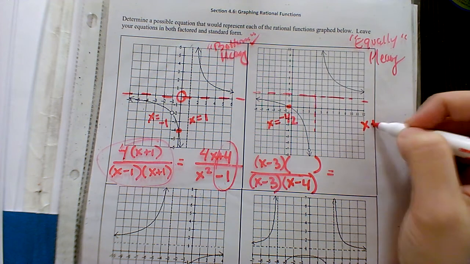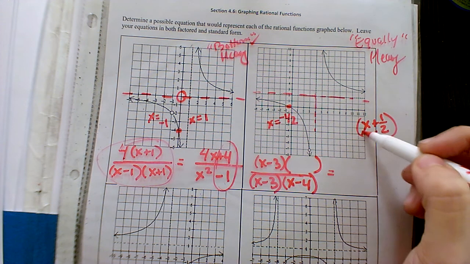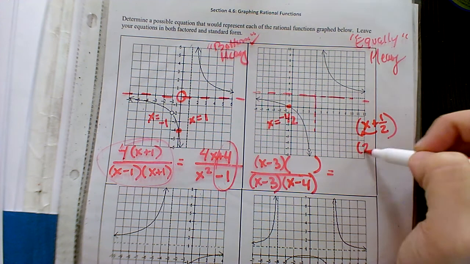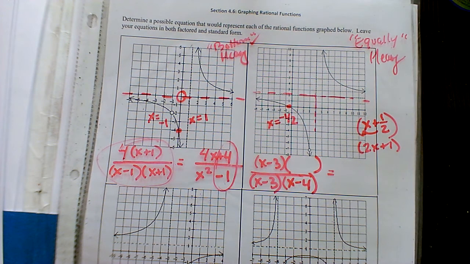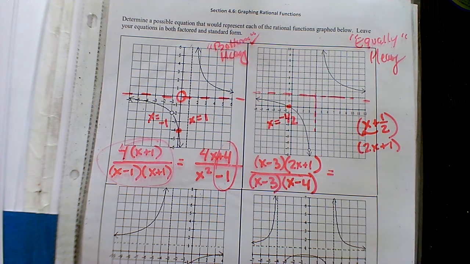Okay, so you can write x plus 1/2. That's definitely fine. Or something similar to the divide and slide process. You can take this 2 and slide it out front. That would make it 2x plus 1. Okay, so either one of those factors would be perfectly acceptable. One of them, though, might make a little bit more sense than the other one. We'll see why in a second, yeah?